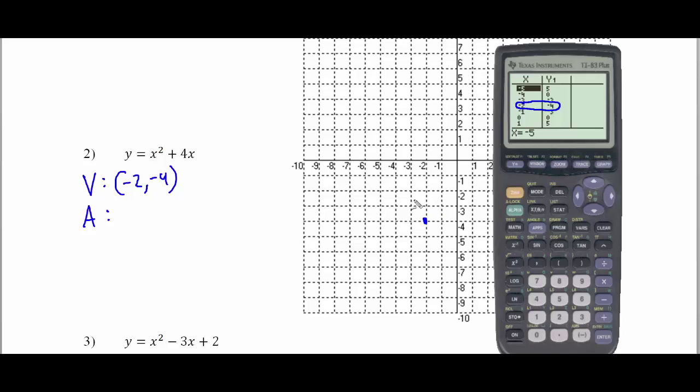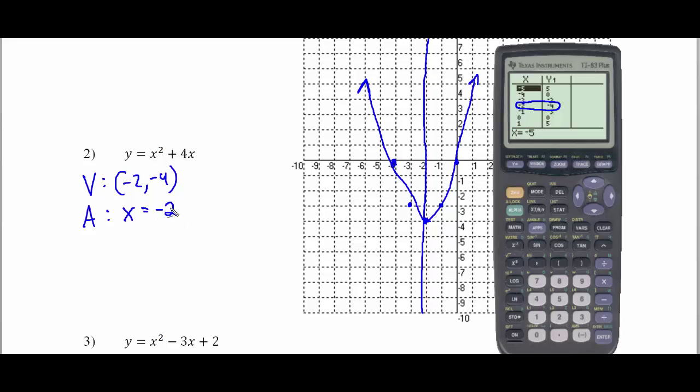To see this a little bit better, I'm going to put two other points on the left, -3, -3, and -4, 0. And on the other side, we're going to go -1, -3, and the origin at 0, 0. So this makes my beautiful parabola that moves off like this, and my axis of symmetry would go straight down the middle, cutting it in half, and that axis of symmetry is the vertical line of x equals -2.